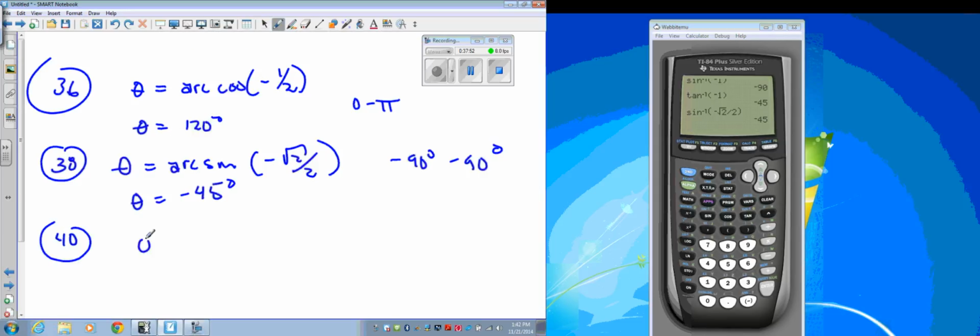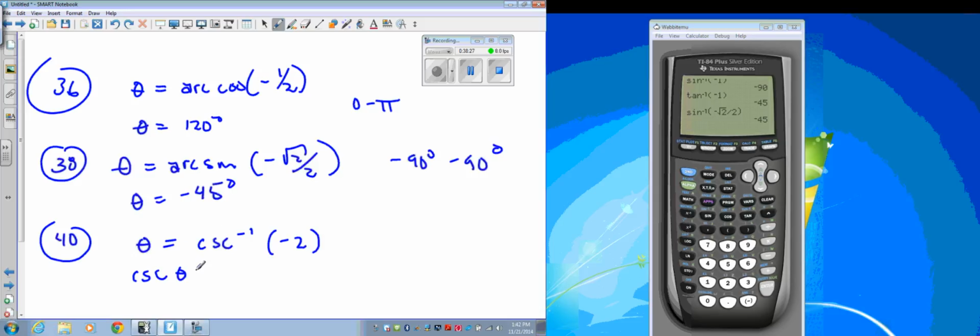40 says theta equals cosecant inverse of negative 2. Now, what we want to do is change this over so that we can see it in terms of sine and cosine.